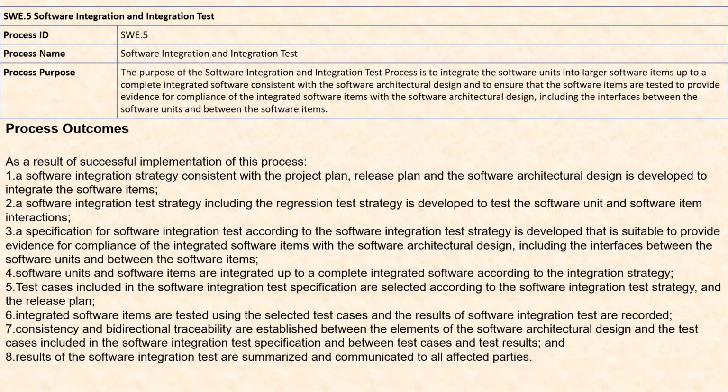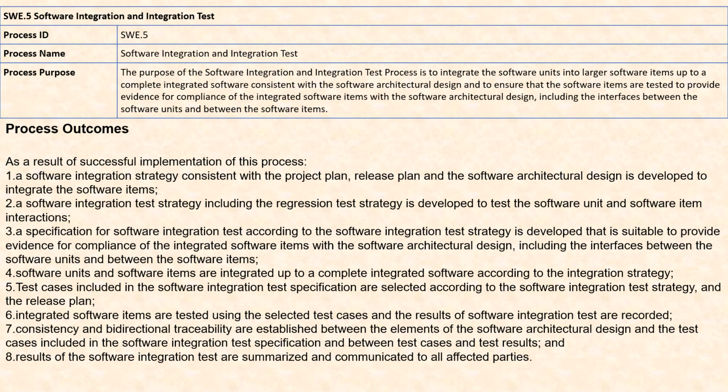Software integration test strategy, including the regression test strategy, is developed to test the software unit and software item interactions. Alright, now a specification of software integration test according to software integration test strategy is developed that is suitable to provide evidence for the compliance of the integrated software items.